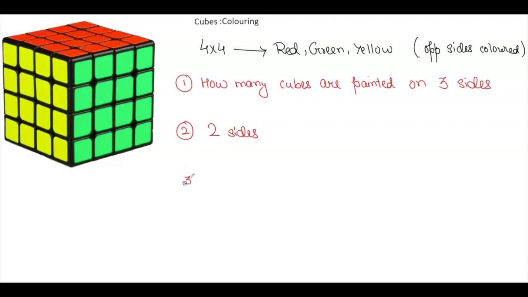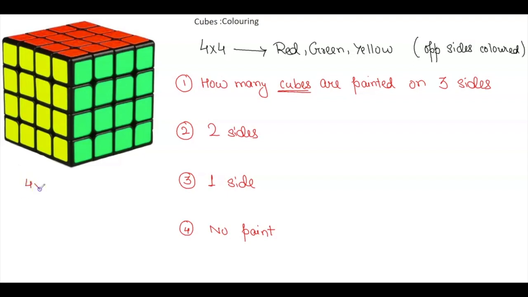The third question might ask how many cubes are only painted on one side? And the fourth question would be how many cubes have no paint on them? That is 0 sides painted. And by number of cubes I mean the number of smaller cubes.